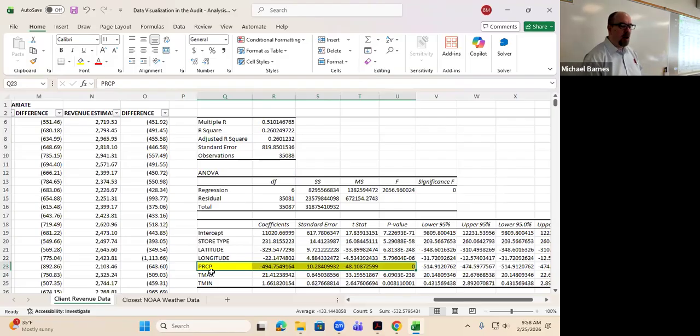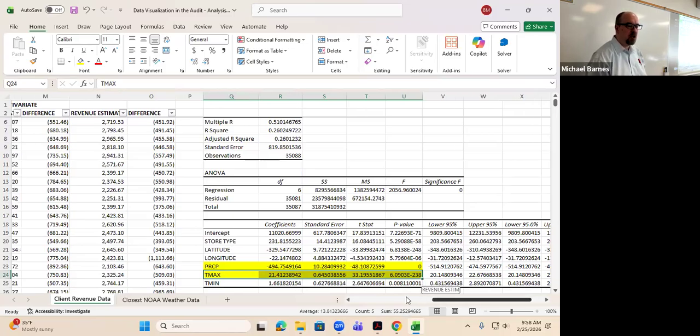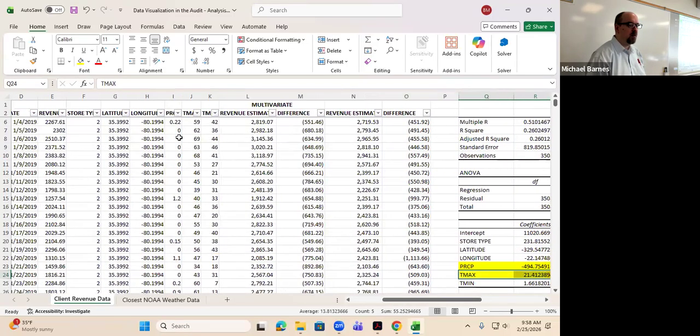Another one that we identified, not nearly as strong, but still really high, is temperature max. Now, does that make sense? If the temperature goes up, are you more or less inclined to go get some shaving cream? More inclined, okay? Now, the question is, which variable should we use? And this is a little bit of a misnomer. The reason is that if you look at precipitation, there are a lot of precipitation values of 0.